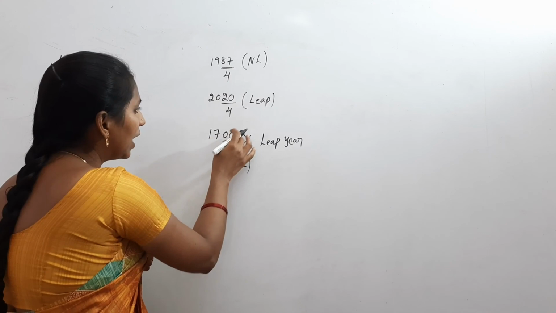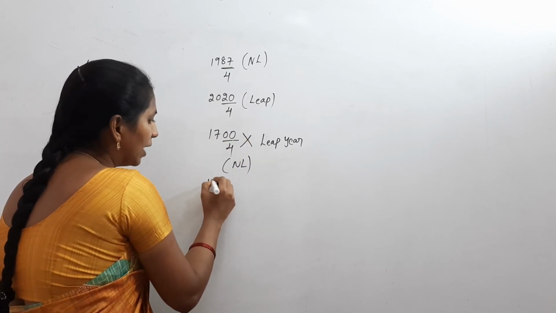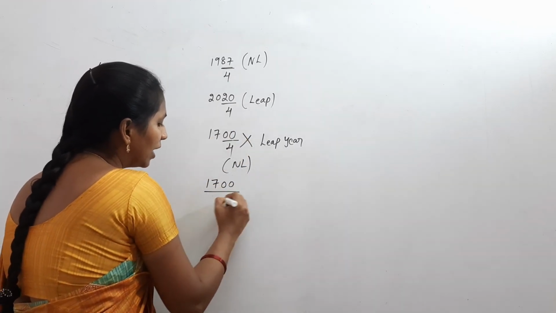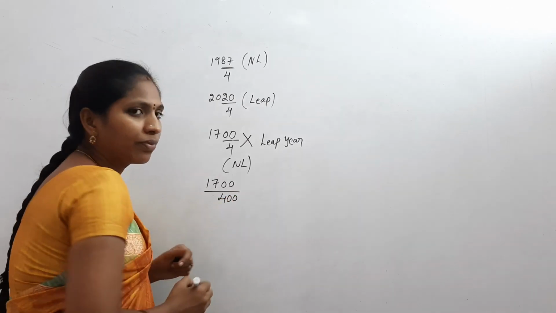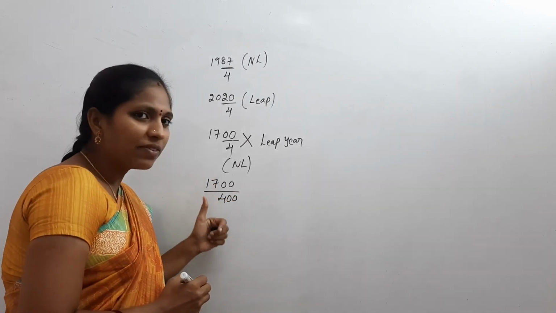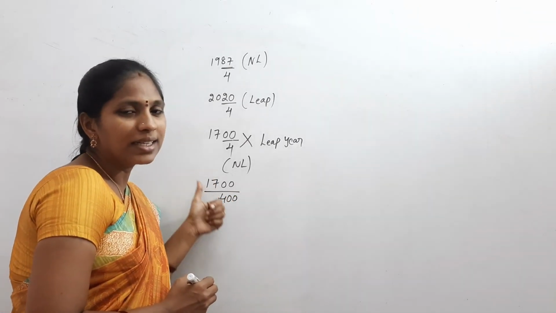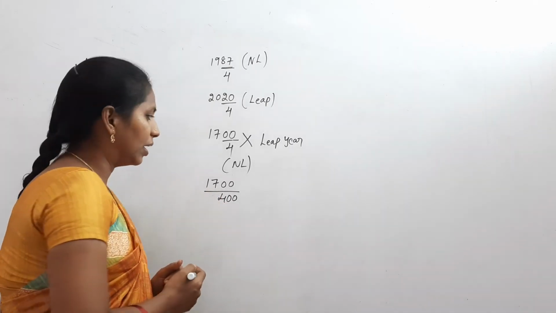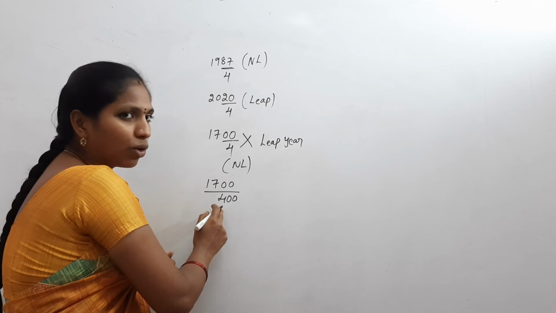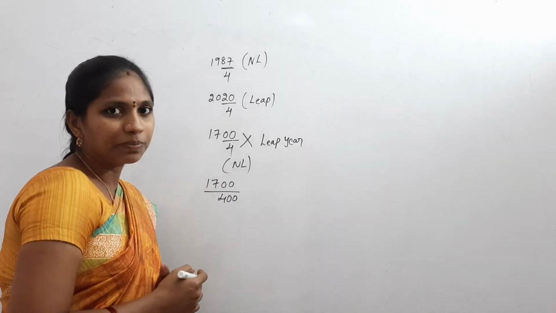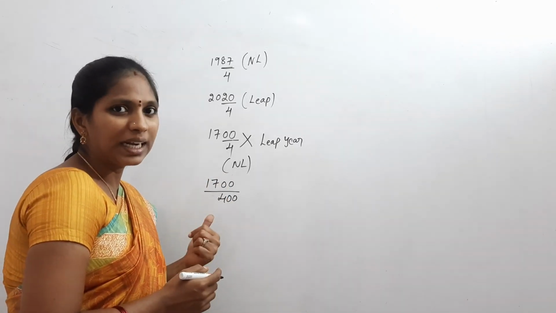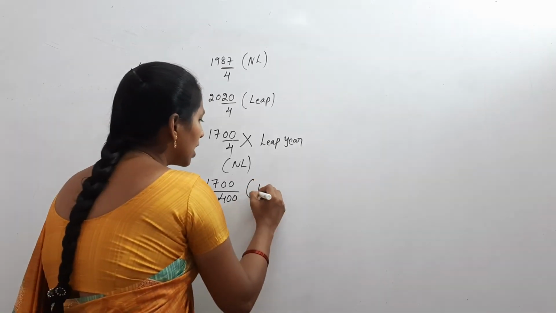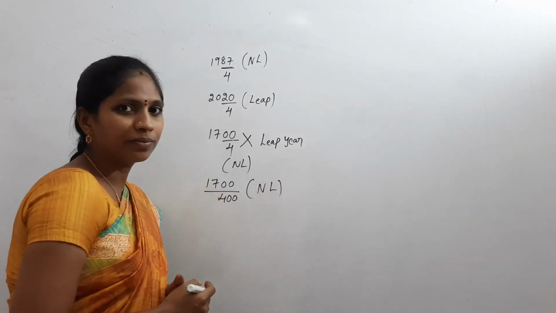So 1700 is a multiple of 100, so divide 1700 by 400. If it is completely divisible by 400, then it is a leap year. Otherwise, that is a non-leap year. See here, 17 by 4, 1 is the remainder. Not completely divisible. So this is a non-leap year.